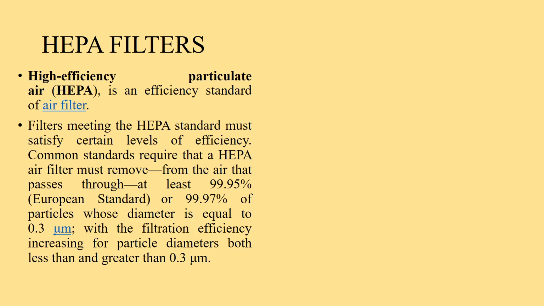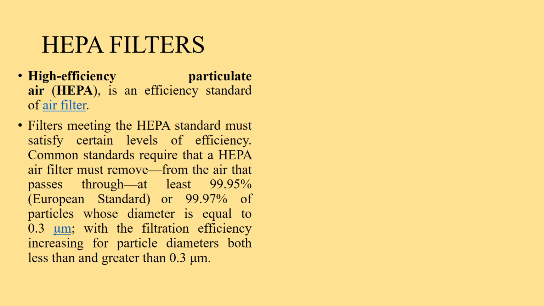Next are the HEPA filters. HEPA stands for high efficiency particulate air filter, which is the efficiency standard of air filters. A filter meeting the HEPA standard must satisfy a certain level of efficiency.